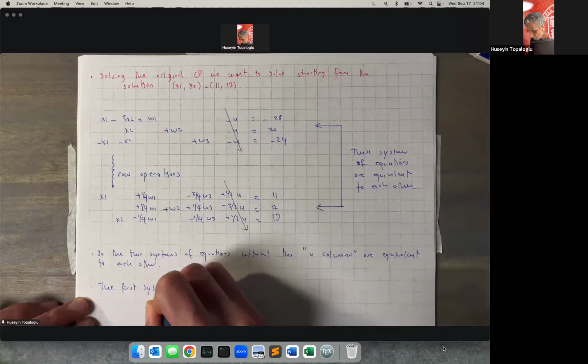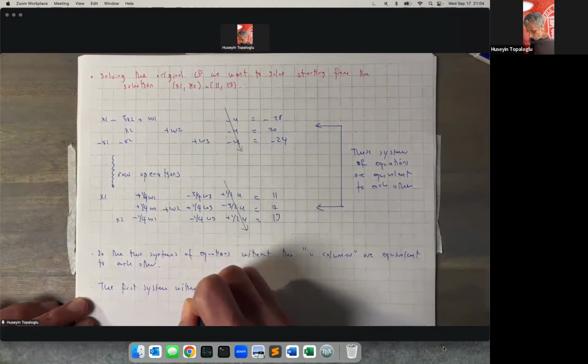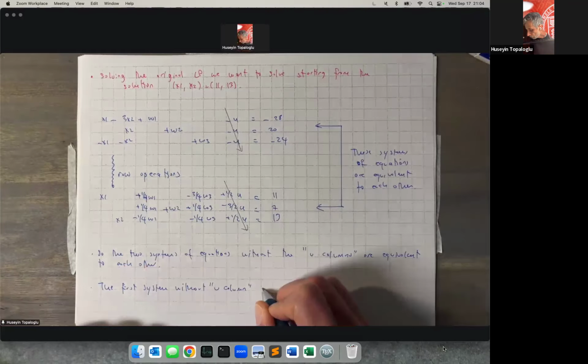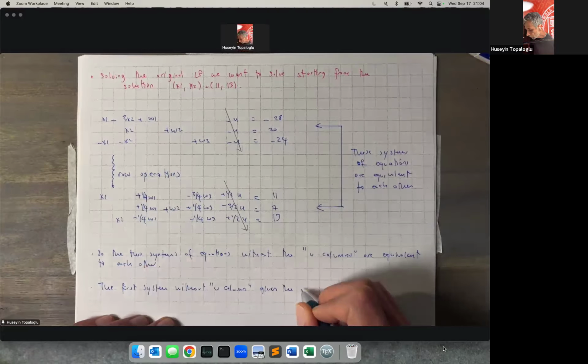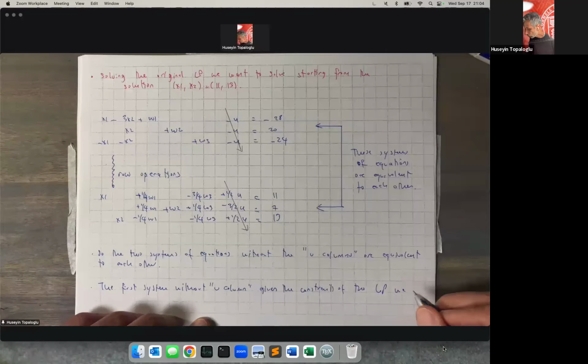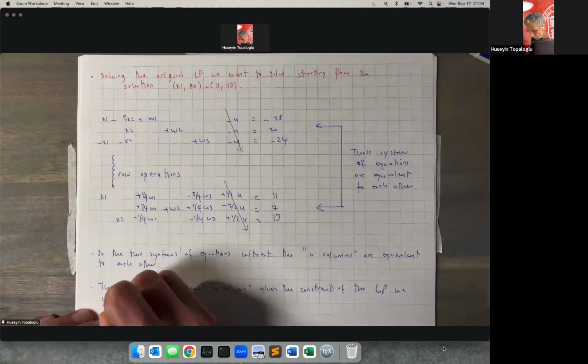The first system without the u column gives the constraints of the LP we want to solve.